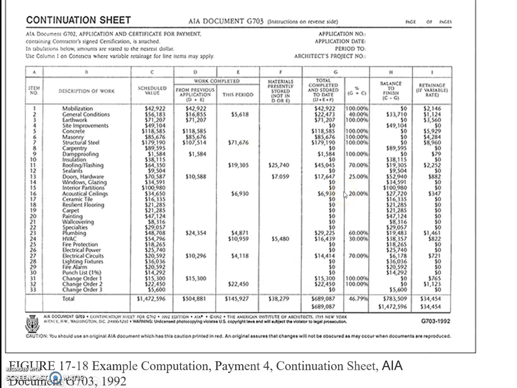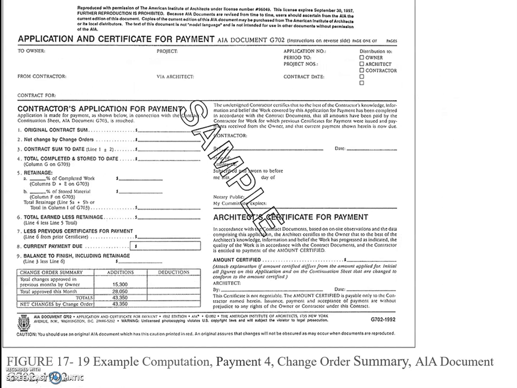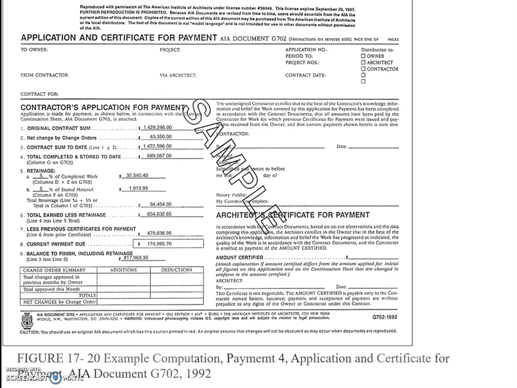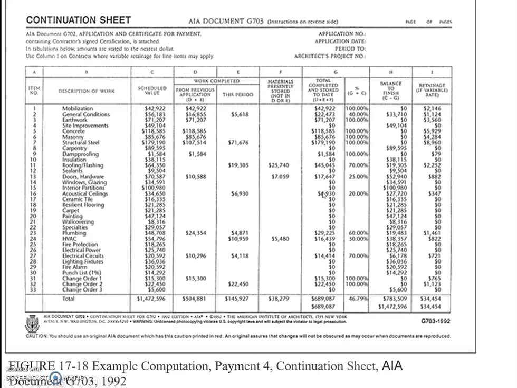Next, you have figures 17-18, 17-19, and 17-20. These figures illustrate a later progress payment, and then the application number, etc. So for example, in this figure, more items are active.